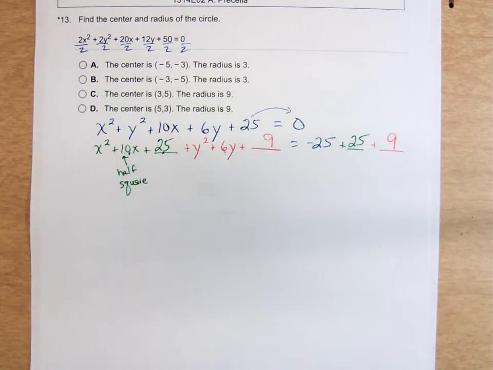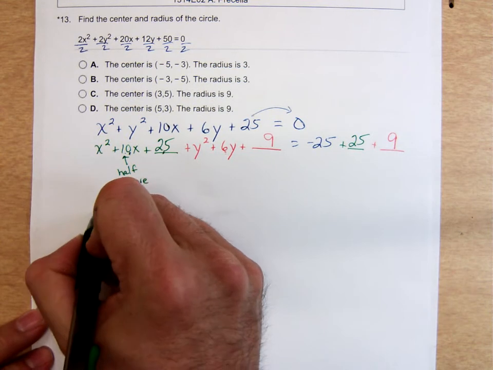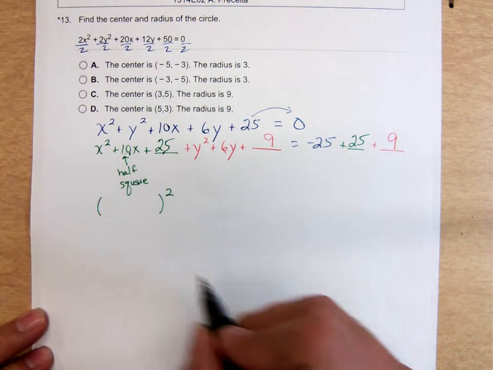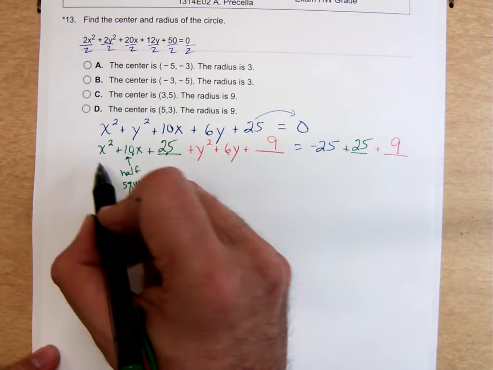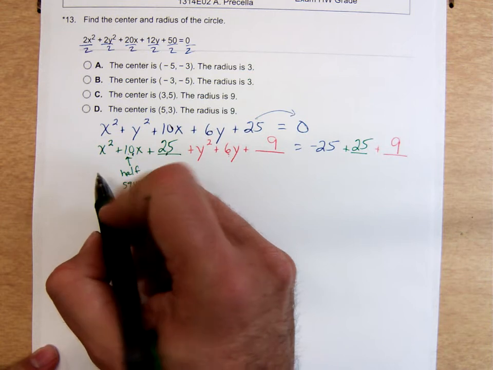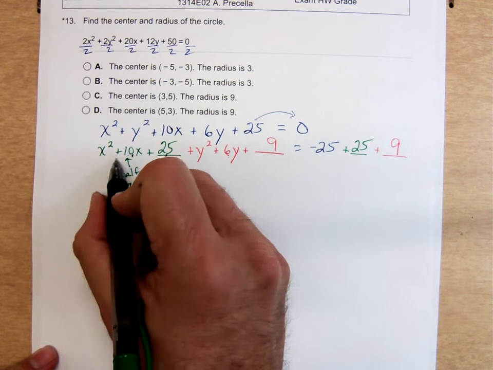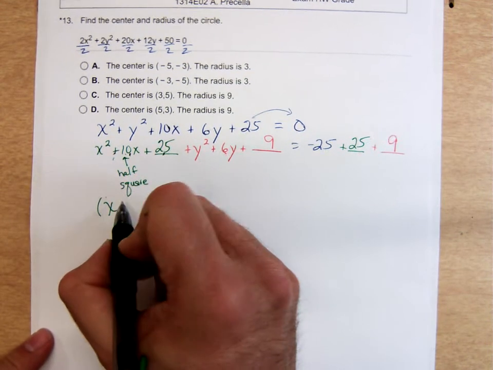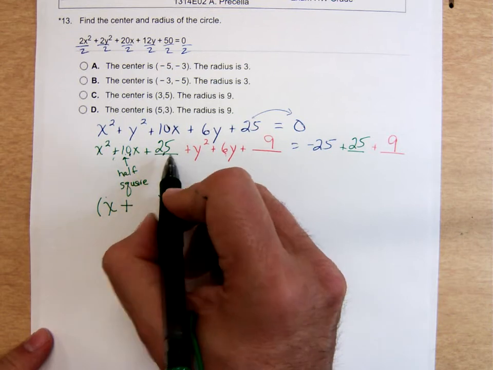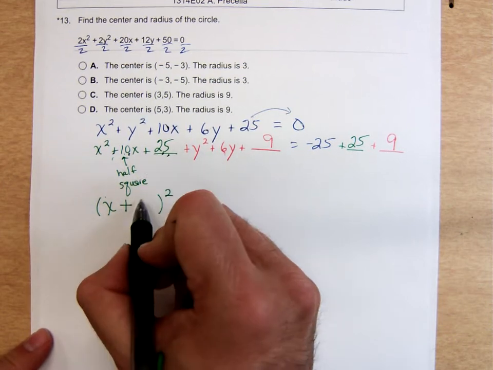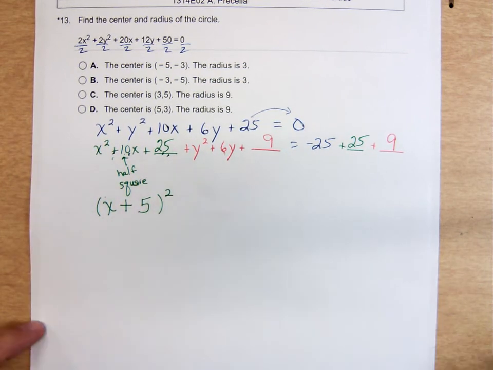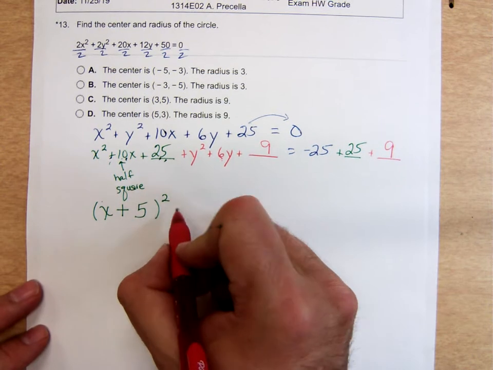Now I'm ready to factor it with the parentheses. You write down the variable, write down the next sign, and then the square root of that number you added. So following that same pattern.